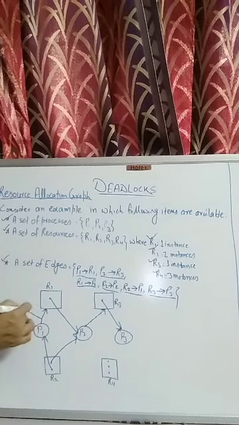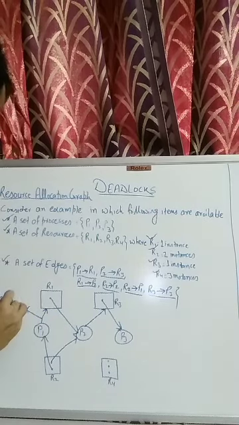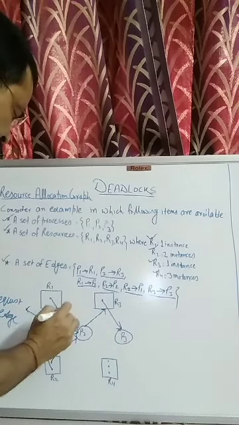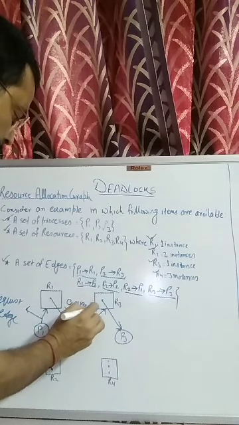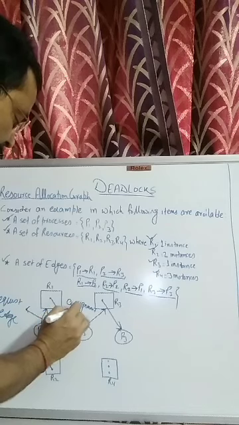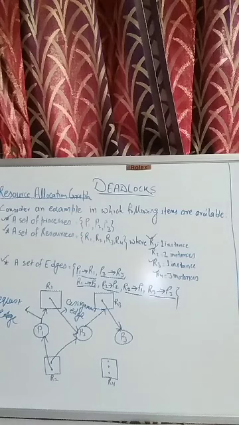This edge is known as request edge, and this edge is known as assignment edge, as it is already discussed. When a resource is allocated to the requesting process, then this request is converted into an assignment edge immediately.